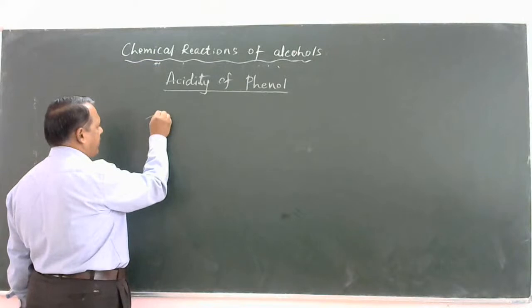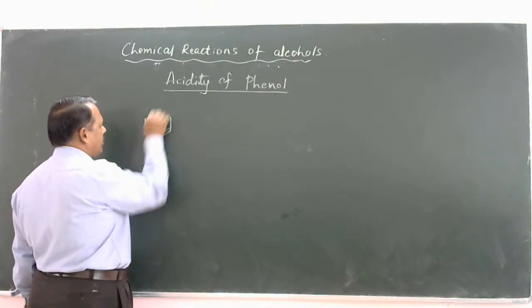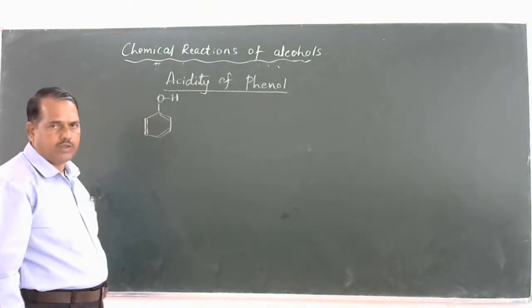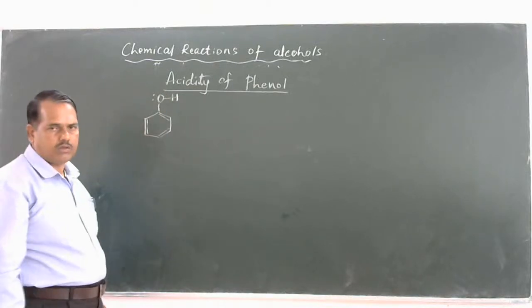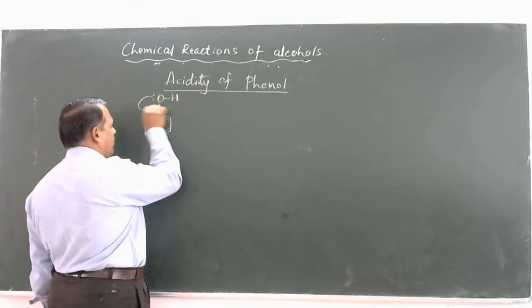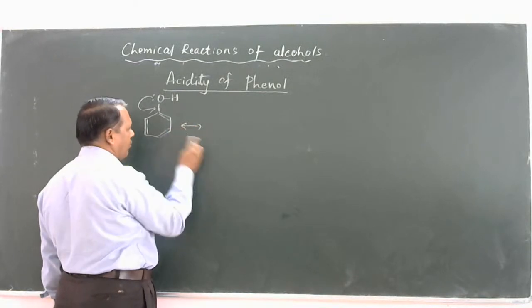So what is the structure of phenol? This is nothing but the structure of phenol. See, OH, I will separate it, right? On the oxygen atom you can find a lone pair of electrons. Here the electron is donated and this will become ionized, so we will get a resonance structure.